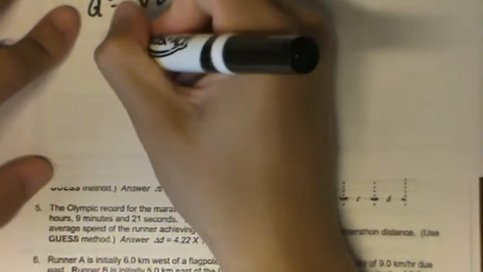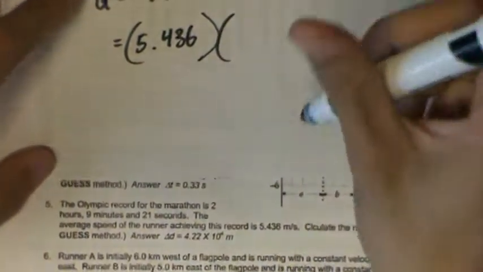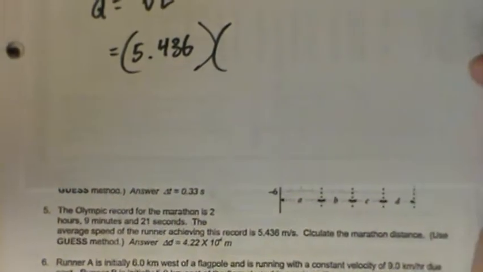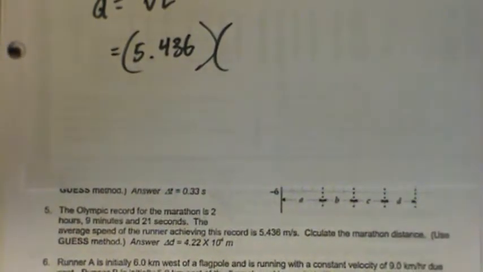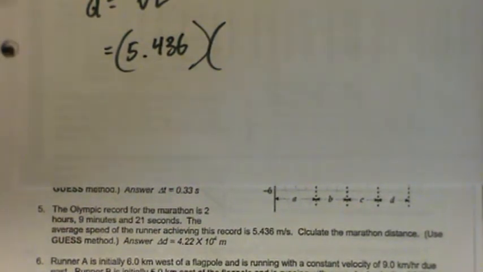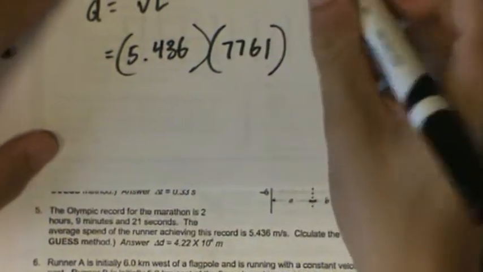This time you're calculating the distance, so distance is equal to v t. Its velocity is 5.436 meters per second times a time of 2 hours, 9 minutes, and 21 seconds. You can convert that into seconds. That would just be 2 times 3600 plus 9 times 60 plus 21 seconds, which gives you 7761 seconds.